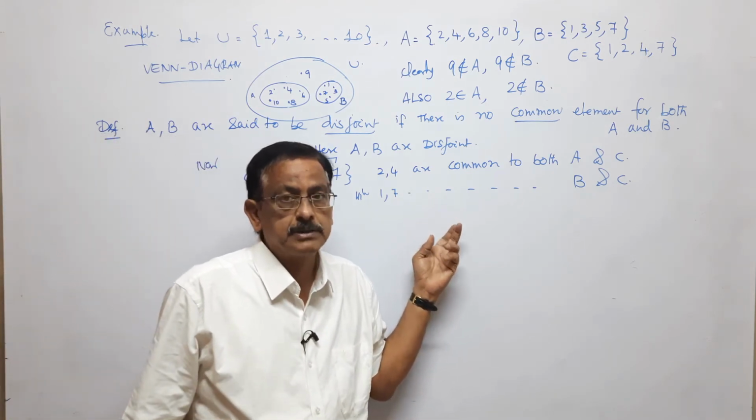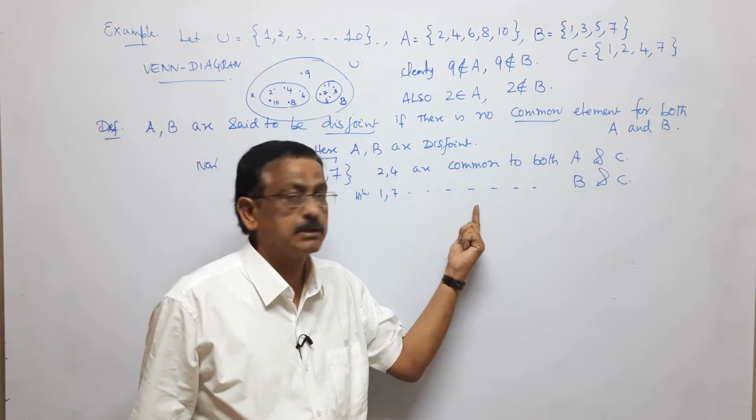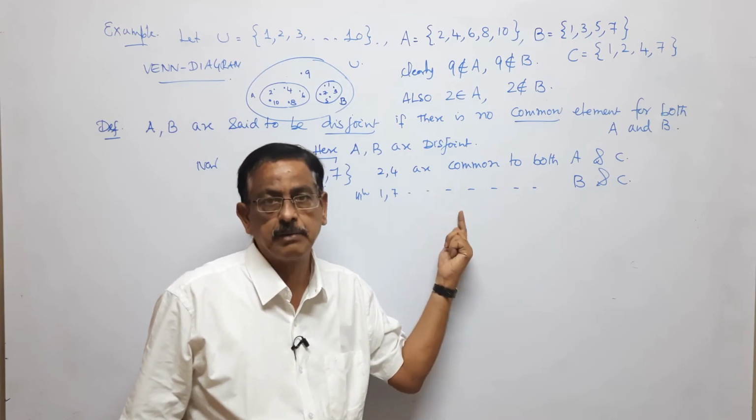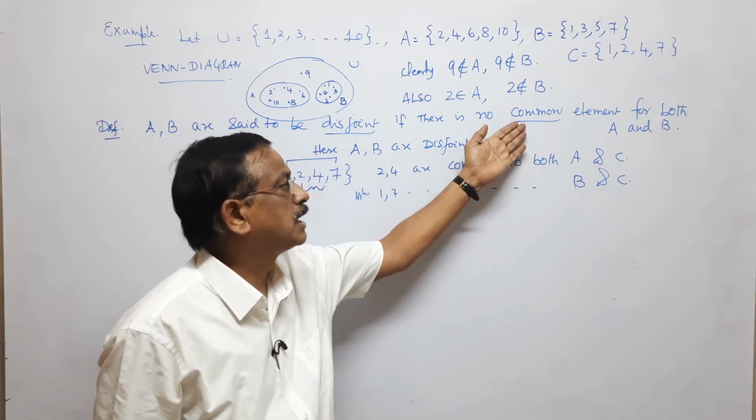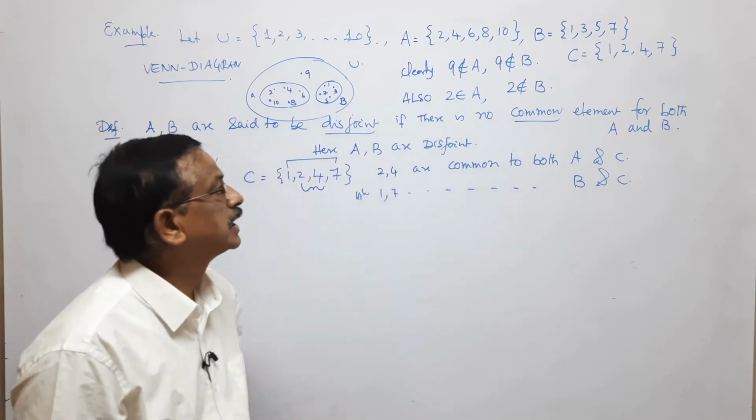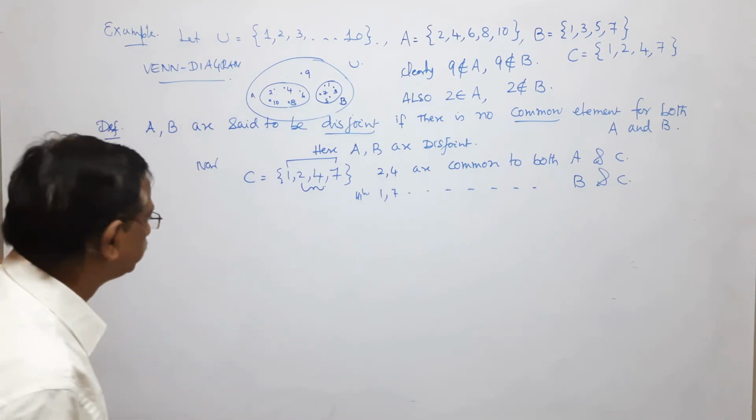There may be 2 elements, there may be 3 elements, even exactly one element which is common, or there may be no elements common. No elements common to both A and B means they are disjoint.